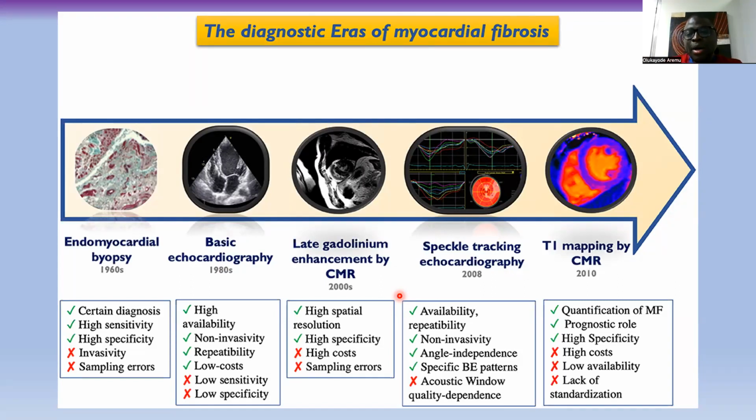However, CMR comes with low availability and high cost, and for the sequences that we're going into just now, T1 mapping lacks a bit of standardization. So research is still increasing along that side now. People are really working on it. I will round up this talk with work that we did in our lab.